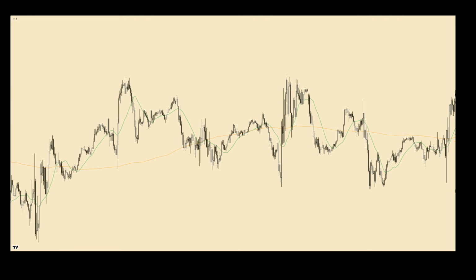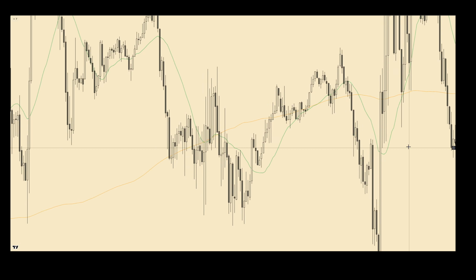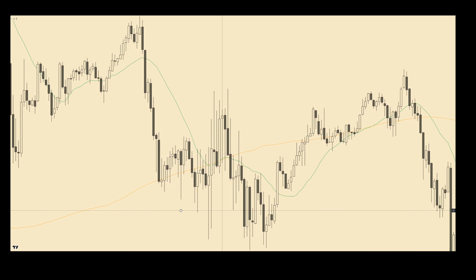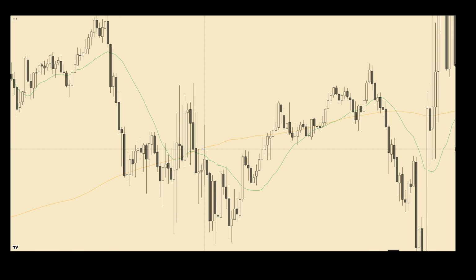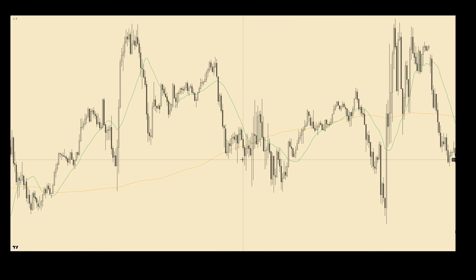But let's see what happens when the moving averages are crossing each other back and forth like this over here, and try to see how price behaves when these two are really close to each other and price is stuck between them, right?